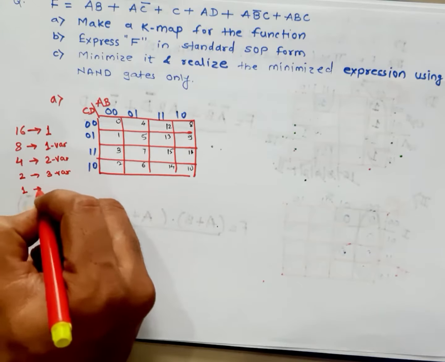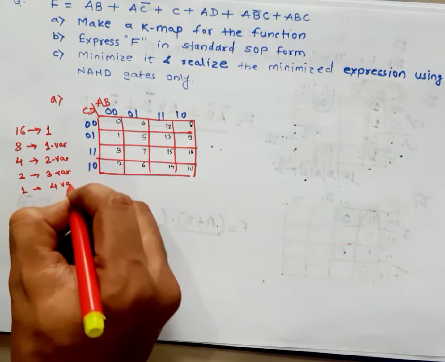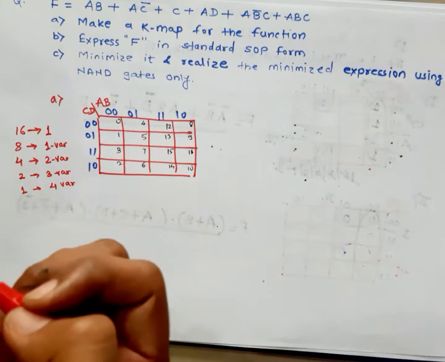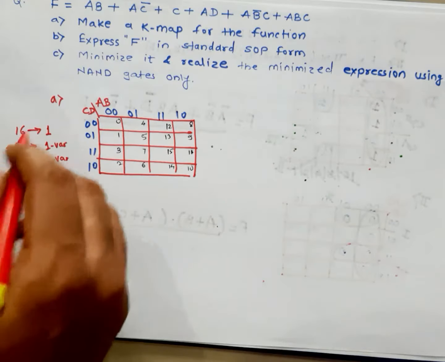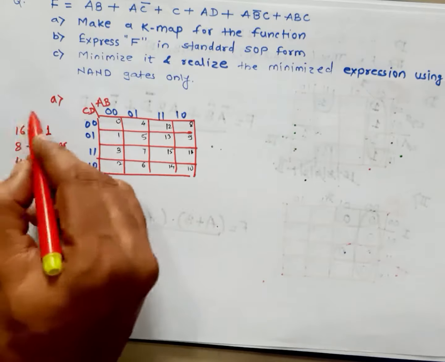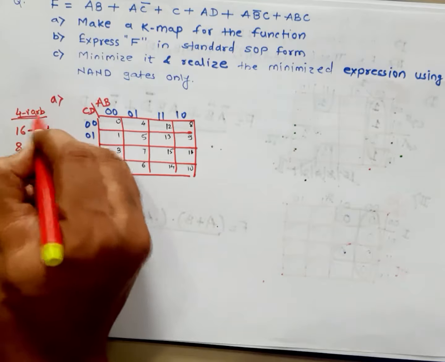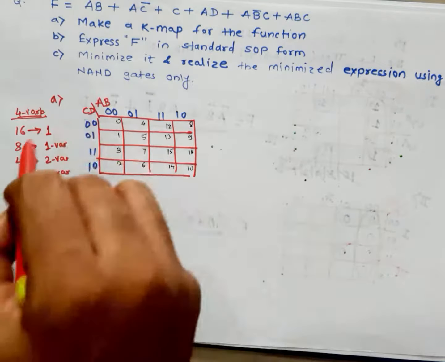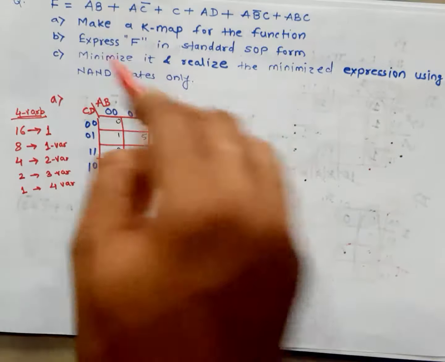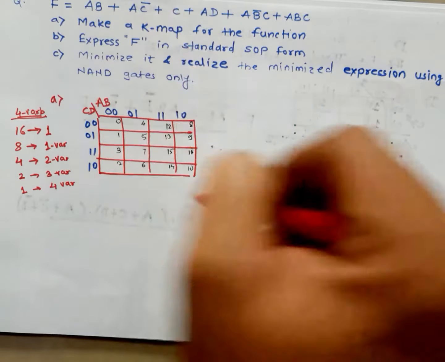If an individual cell, then all 4 variables are in your final term. So this is the logic, in case of a 4 variable K-map. The same logic we need to apply while mapping the function values into a K-map.